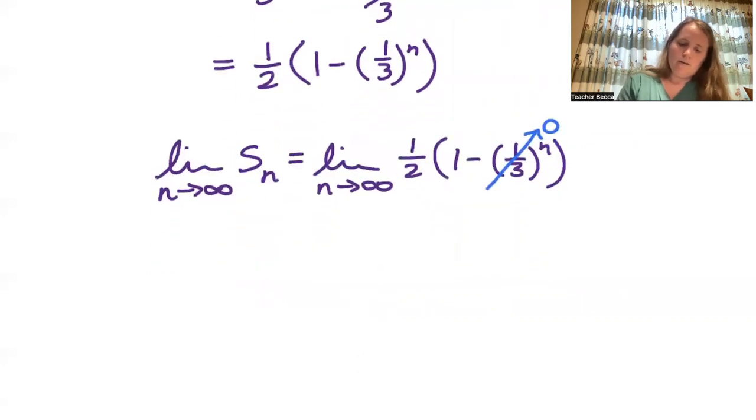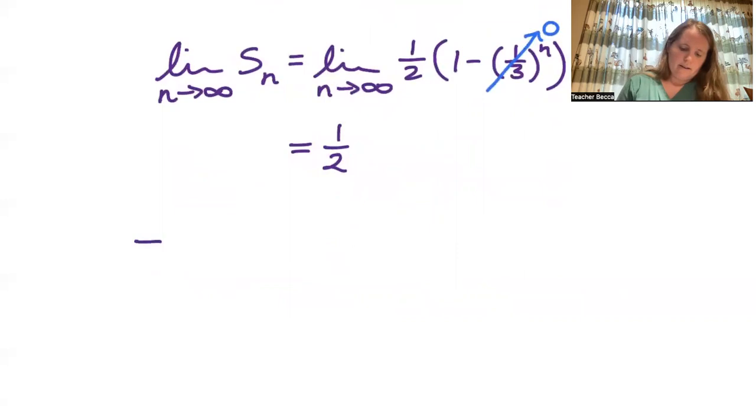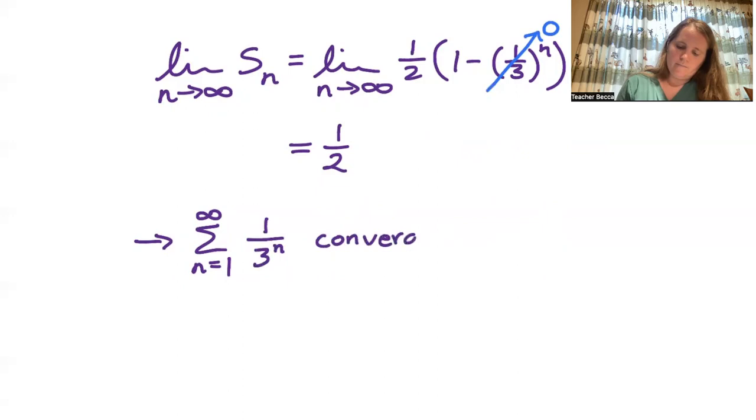And so we just wind up with 1/2. So what we get is that the sum from n equals 1 to infinity of 1/3 to the n converges to 1/2.